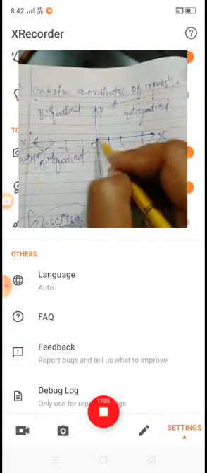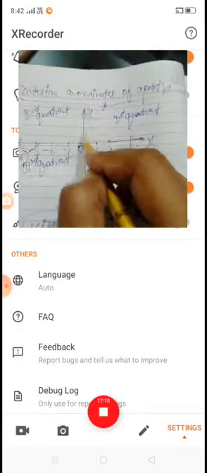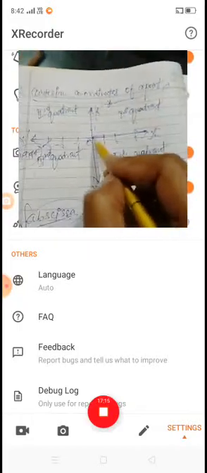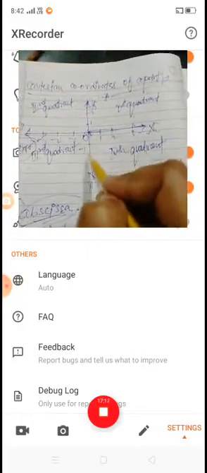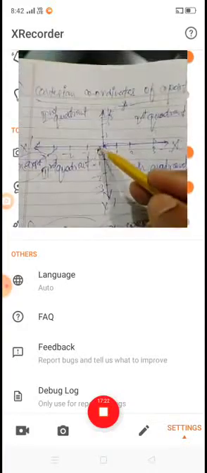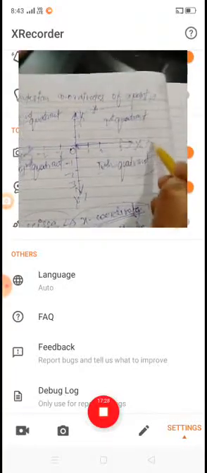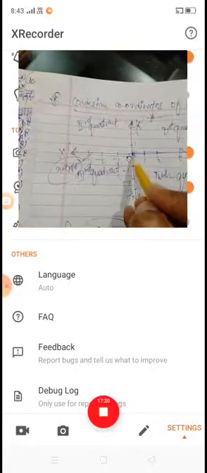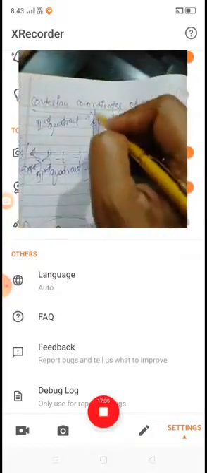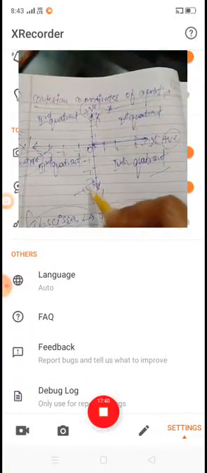Similarly above, this is the positive direction of Y, +1, +2, +3 and so on. This is the negative direction of Y, -1, -2, -3. This is the negative direction of X, and this is the positive direction of Y.